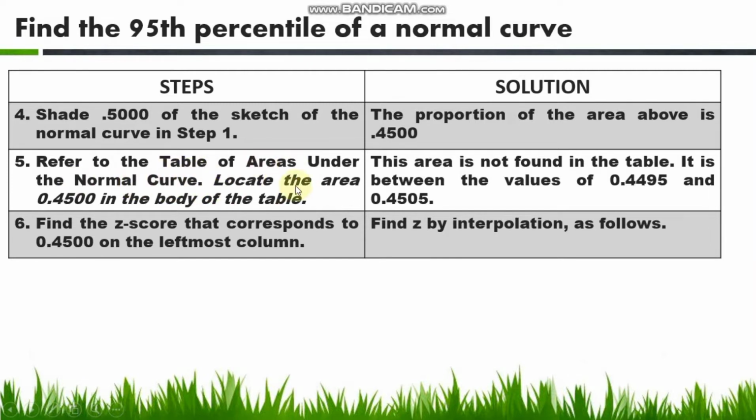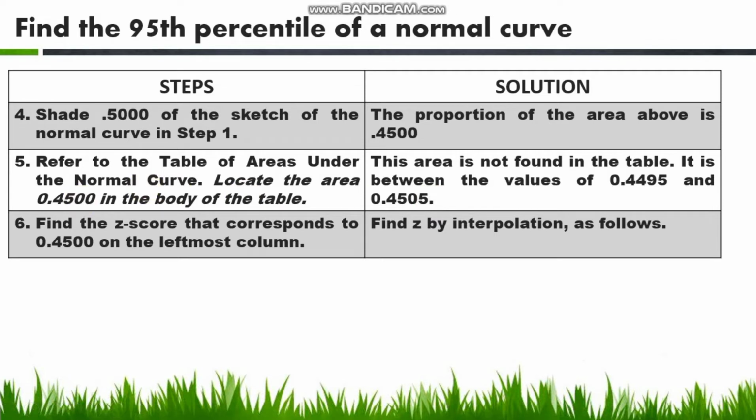Locate the area 0.45 in the body of the table. Let's check the normal area table. If you notice, you won't find an exact 0.4500. What you will find there is 0.4495 and 0.4505, which are actually the same distance from the 0.4500 we are looking for.